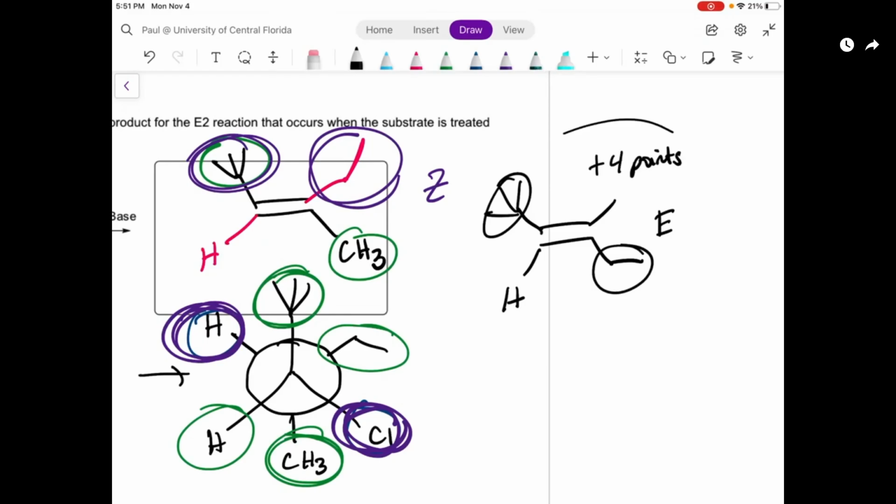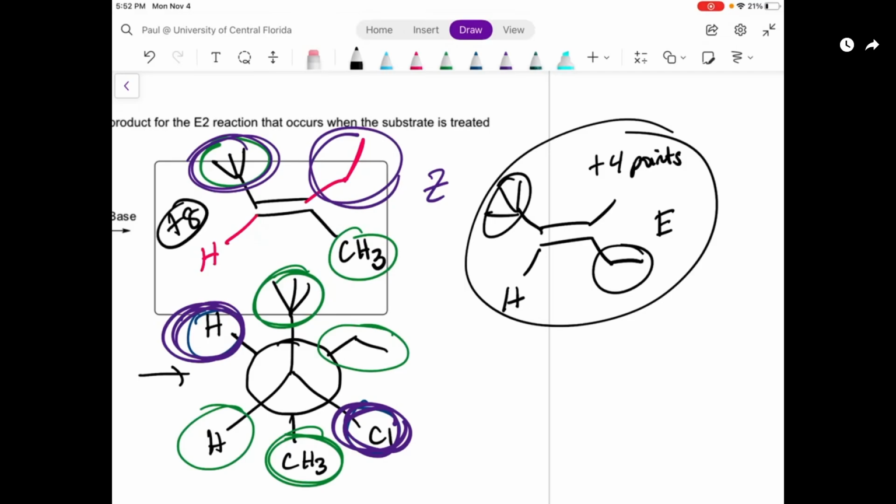But realizing that is not possible, there's only one product that's possible, and that would be this one for a total of 8 points. And that would be an example of a stereospecific reaction.